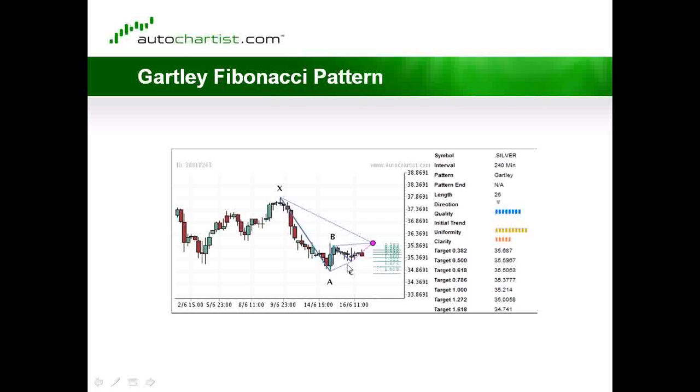Okay, that means that AutoChartist has made this forecast that based on the combination of this projection here, this pink line, and this blue line coming down here, and also off of point B, that the market could go up to this dot. So when you're working with emerging patterns, when you say you're in a position that's long or short, if you want to look at where the market could go, it's best to go to emerging patterns.